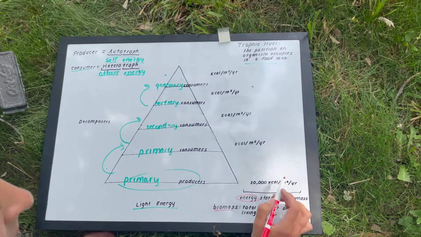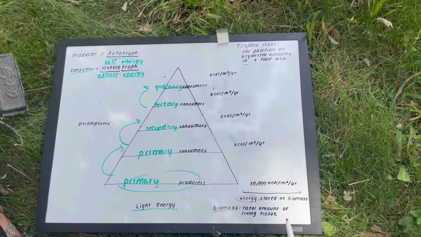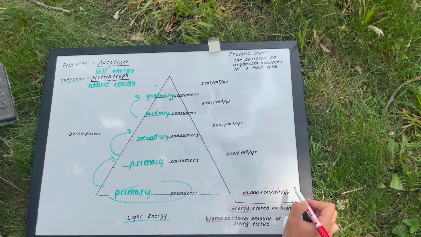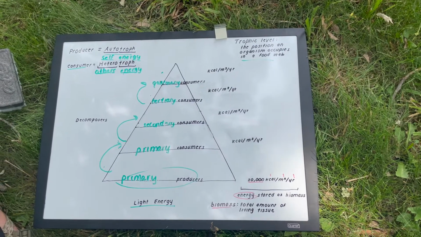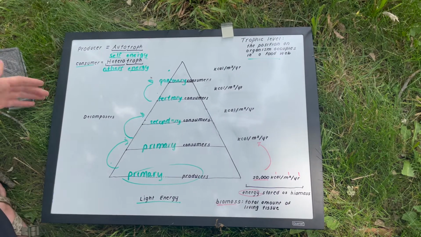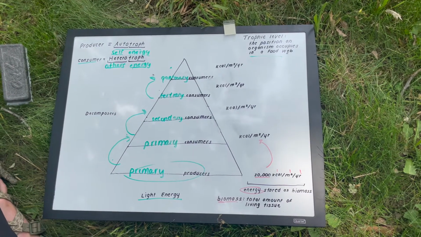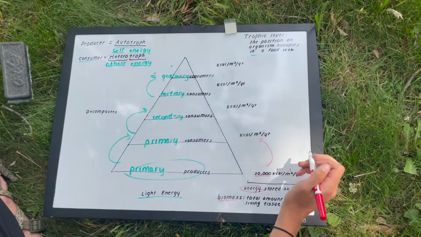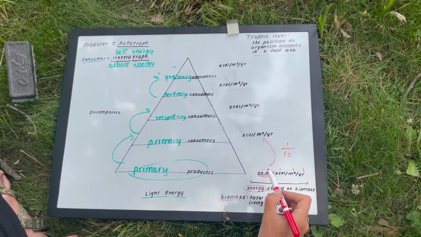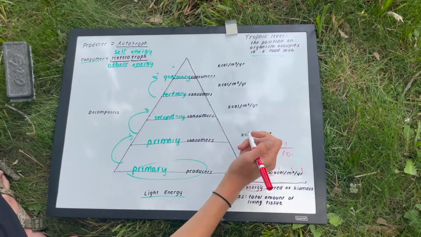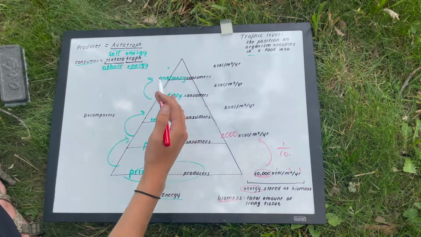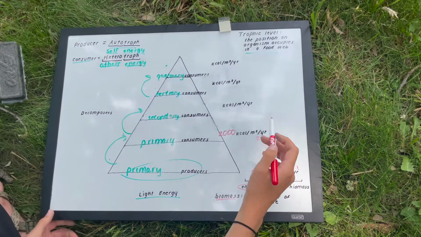For example, if we start with 20,000 kilocalories, which is our energy unit, per meter squared, which is our area, per year, which is our time, we will see that that number is going to shrink as we move up the trophic pyramid. Typically, this number shrinks by 1/10. So if we start with 20,000 and we take 1/10 of that, we get 2,000.